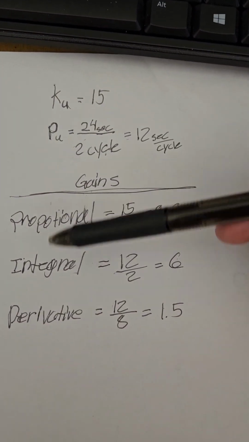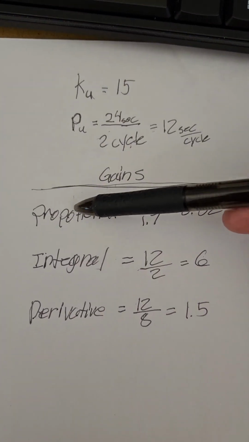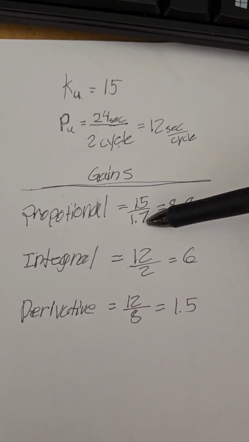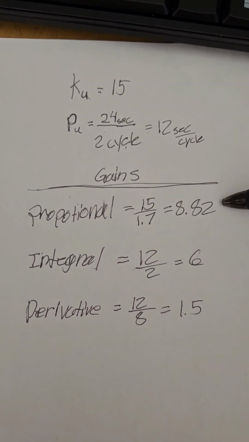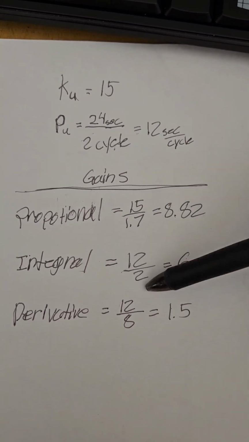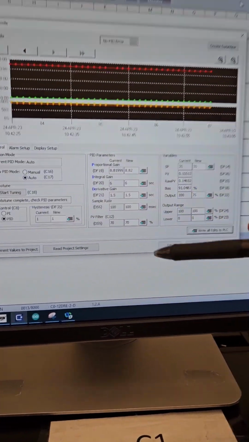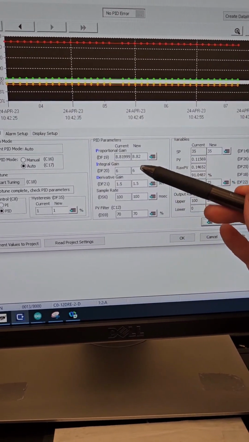So we had to use the one with all 3 because we are using proportional, integral, and derivative. So 15 was divided by 1.7, 12 was divided by 2, and 12 was divided by 8. And our gains are inputted right here.